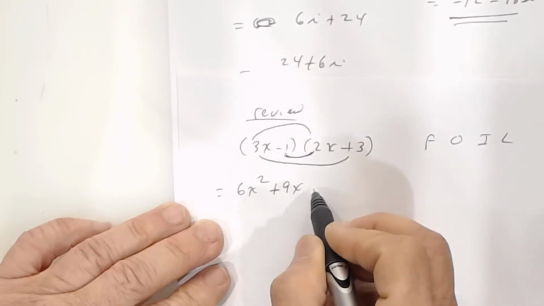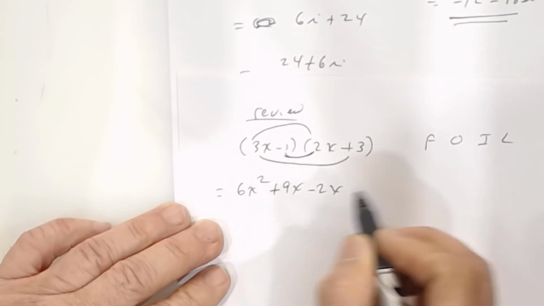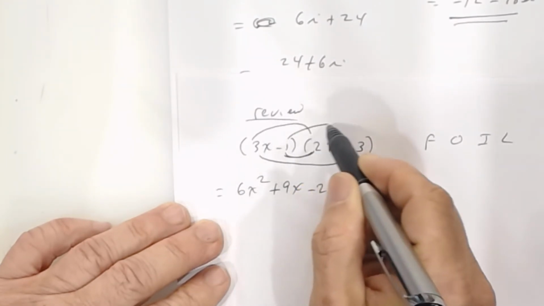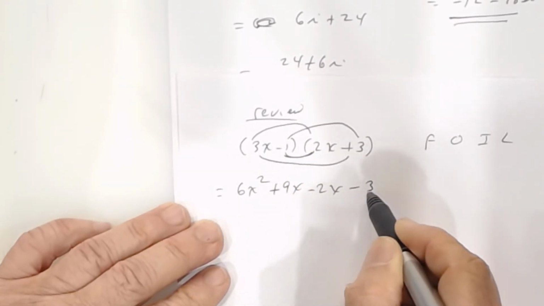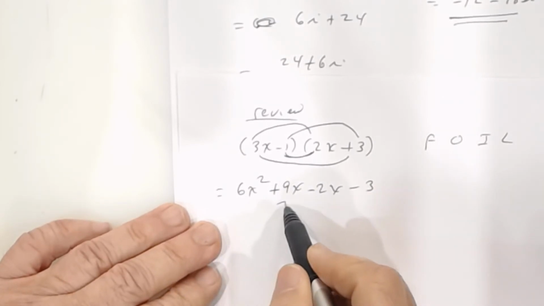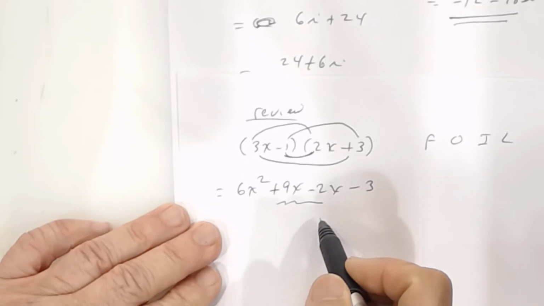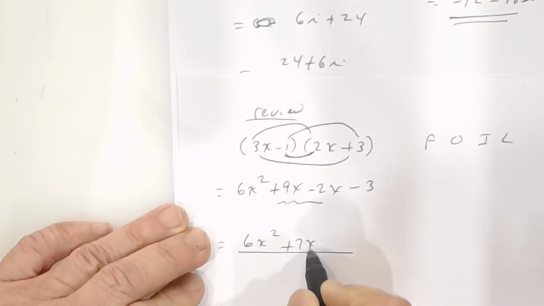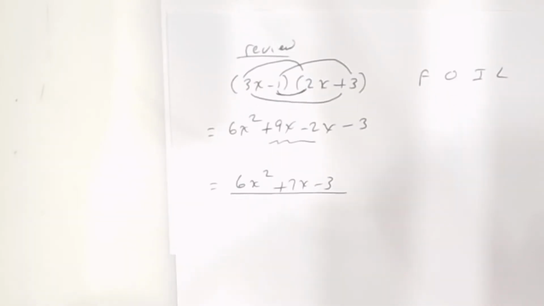What's negative 1 times 2x? And L stands for last, the last terms of each binomial. What's negative 1 times 3? And then what did you do next? Combine like terms. On the inner terms, you were able to combine. So what's my answer? Minus 3. Okay.